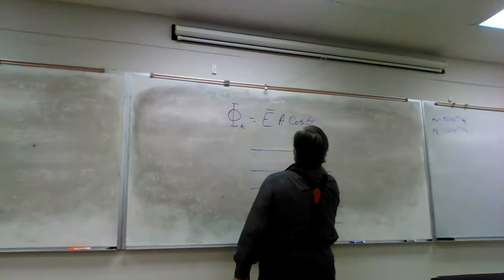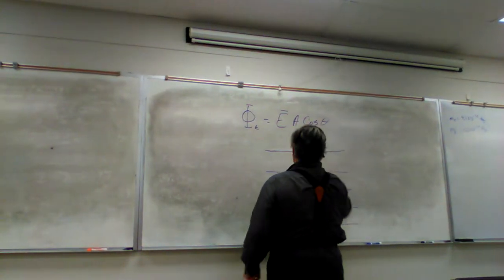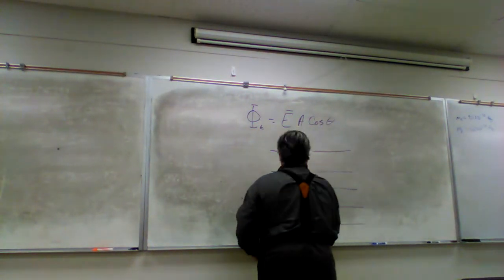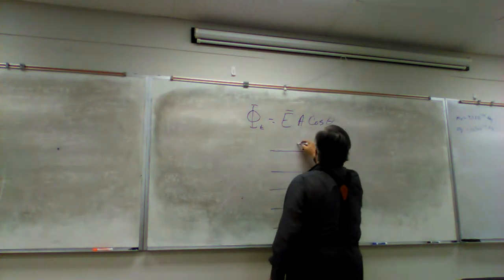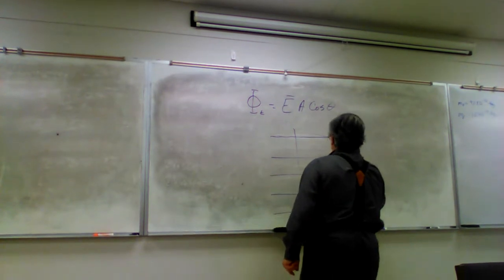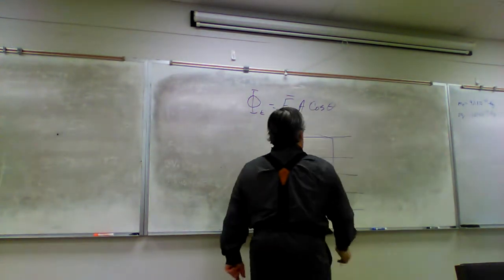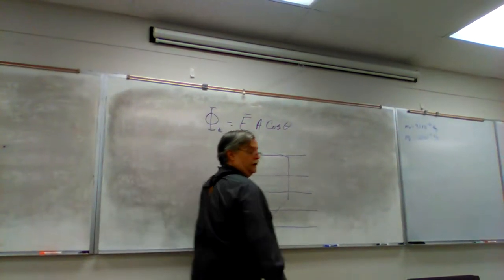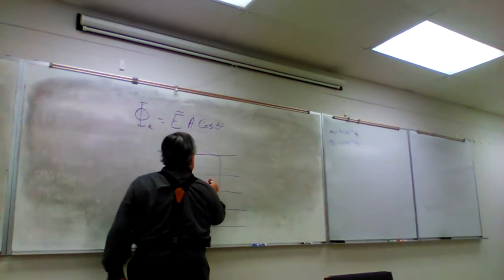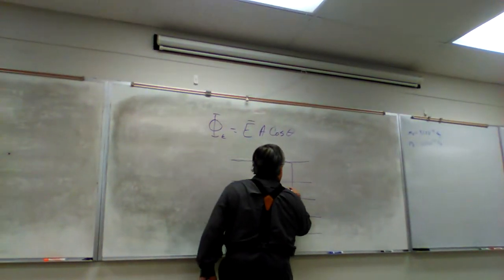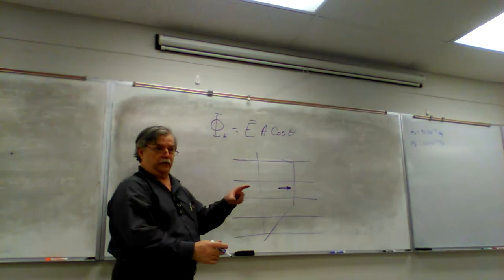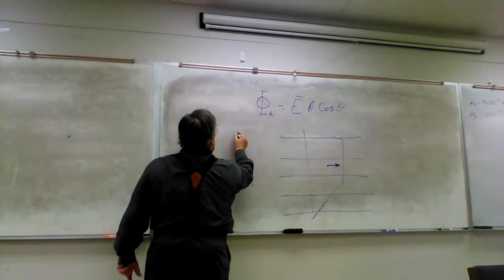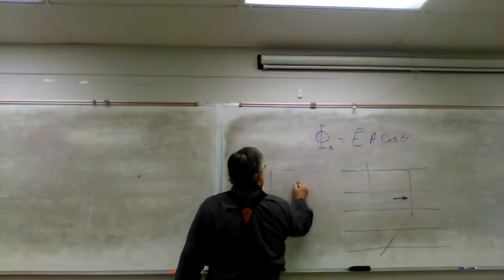Now, in this E field, we have an area of plane. And this vector that is perfectly perpendicular, that's normal to that plane, comes right out of the center of it.